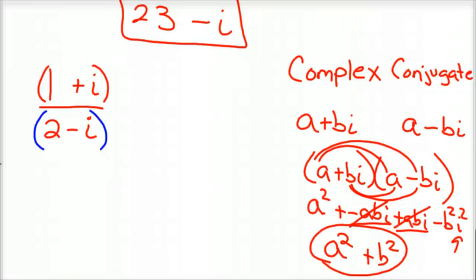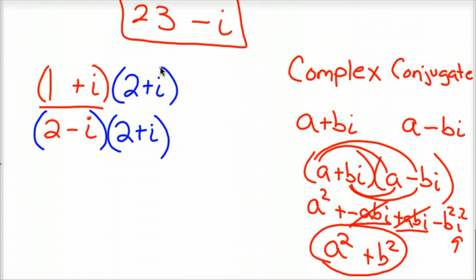And so you've got 2 minus i, and you would multiply that by 2 plus i on top and bottom. So that's whatever the denominator is. So we multiply by its conjugate. It says 2 minus i, its conjugate is 2 plus i. And what you end up with is (2 + i) divided by (2 + i), which is essentially 1.